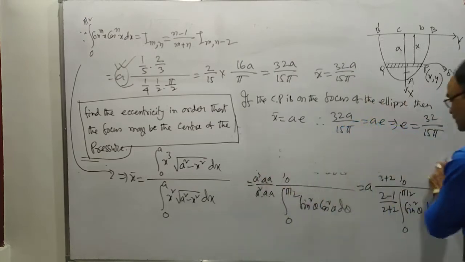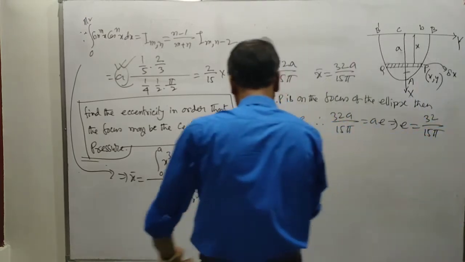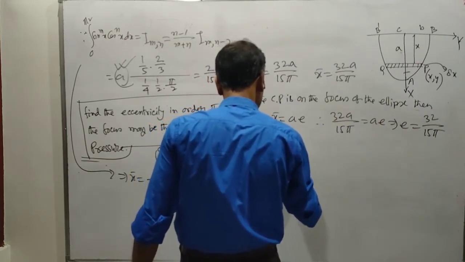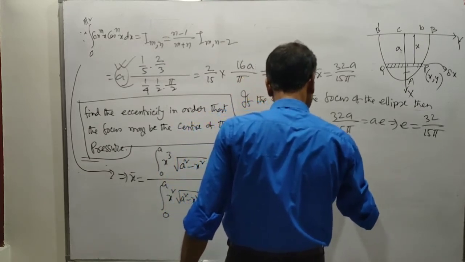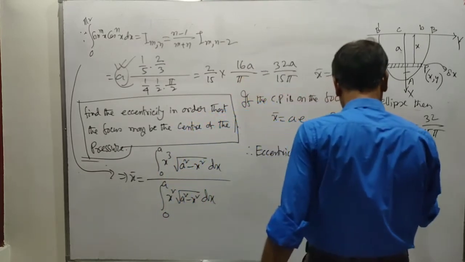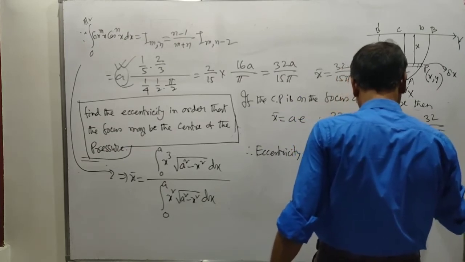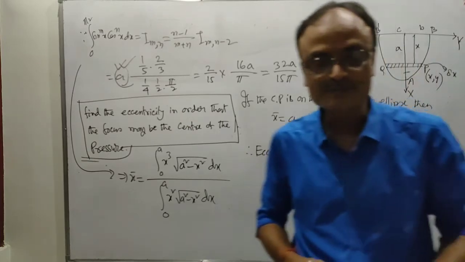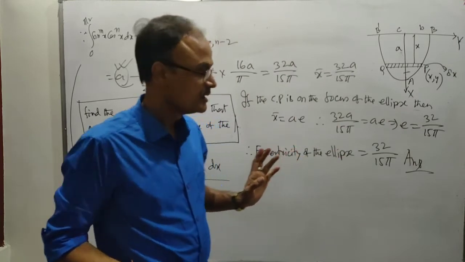Therefore, the eccentricity of the ellipse is 32 divided by 15 pi. This is the answer.